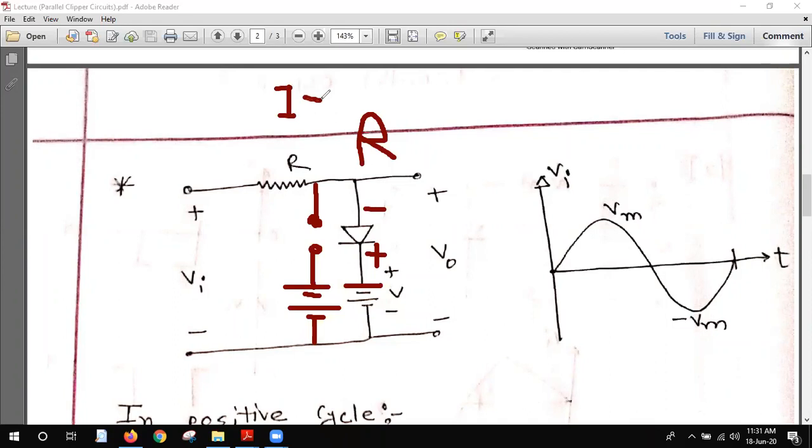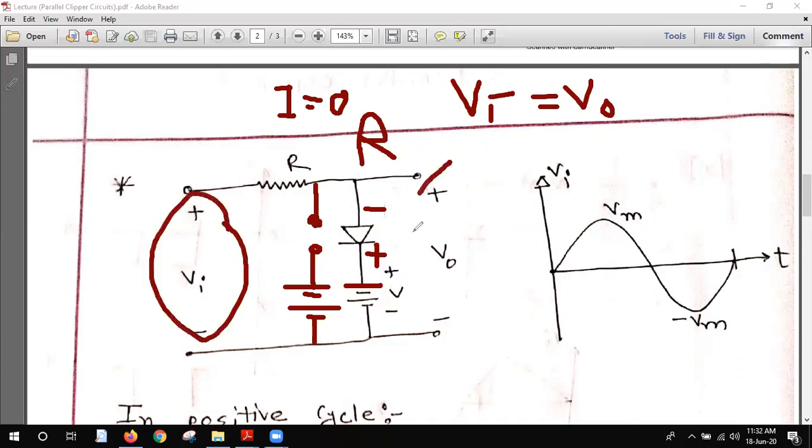And I told you at the very beginning of this parallel circuit, when the diode is open or reverse biased, VI equals V output. Whatever input we have will be the same as the output.